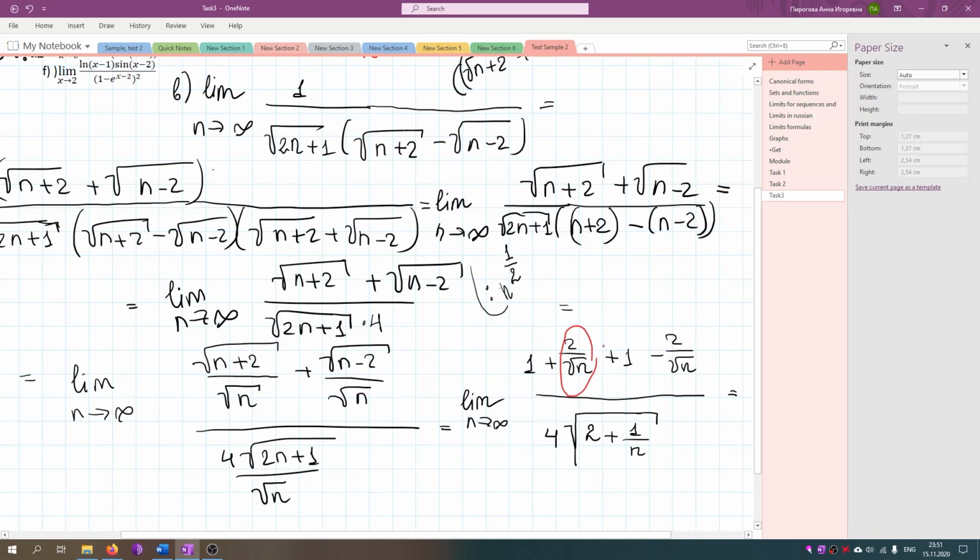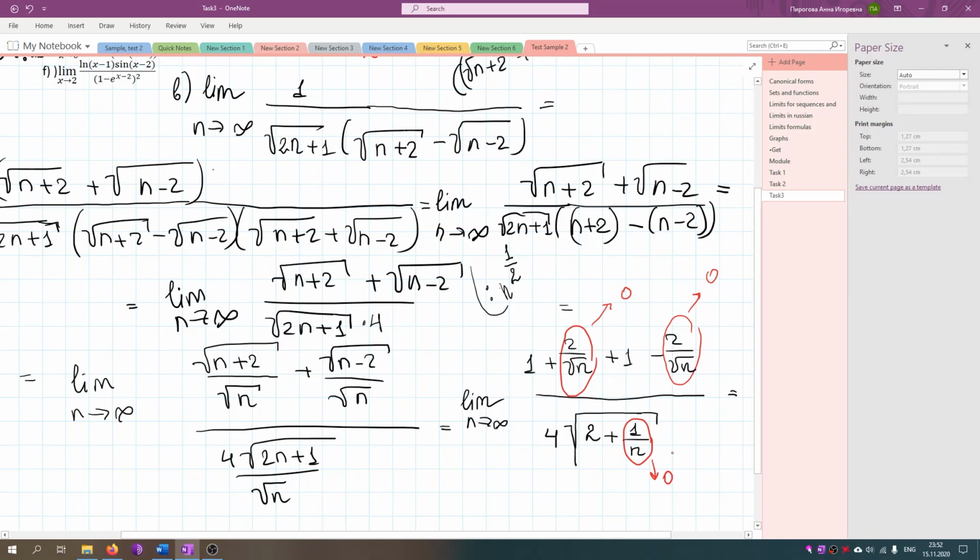This thing converges to 0, because as n converges to infinity, our denominator becomes bigger, and yes, it will be converging to 0. The same thing here, this part converges to 0. This part also converges to 0.